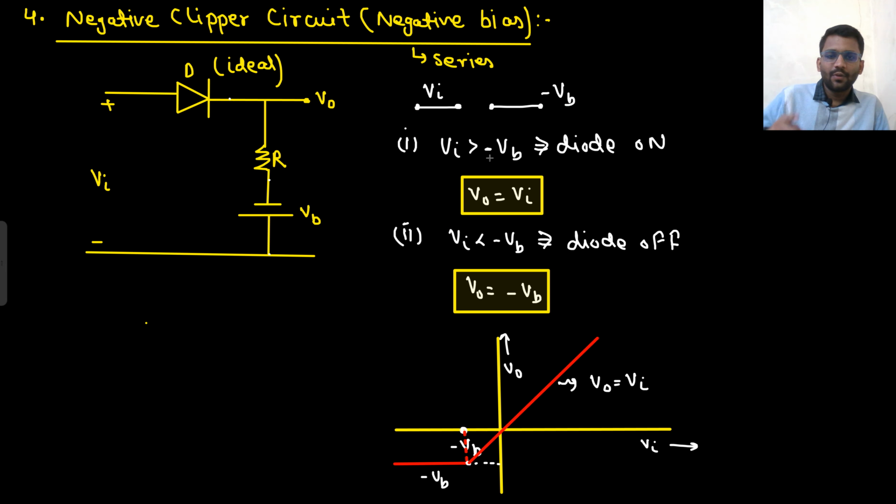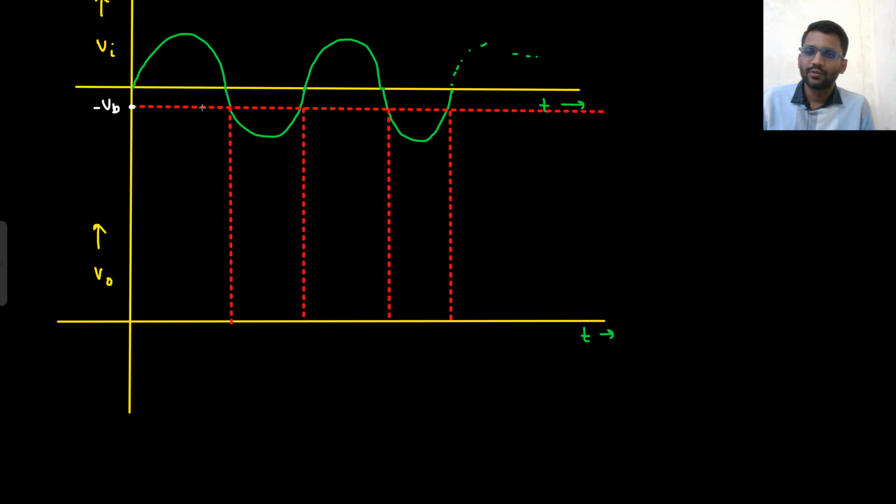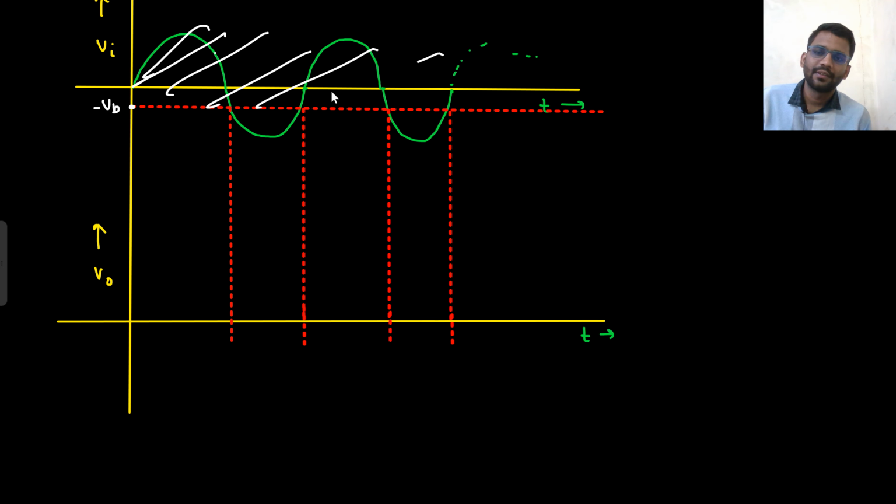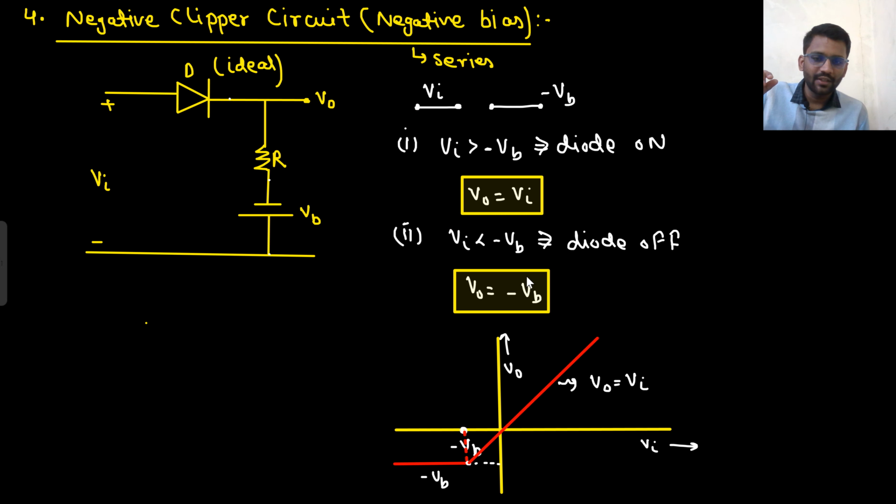Everything above minus VB, your V naught is equal to V in, so the same graph will come. And for V in less than minus VB, the diode will be off, so your output will be equal to minus VB only.